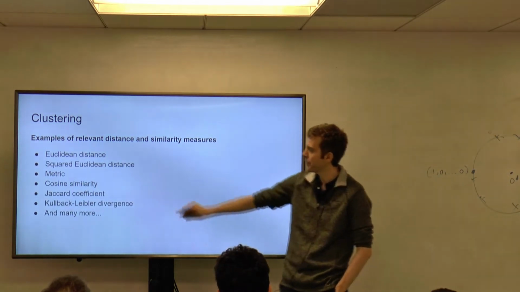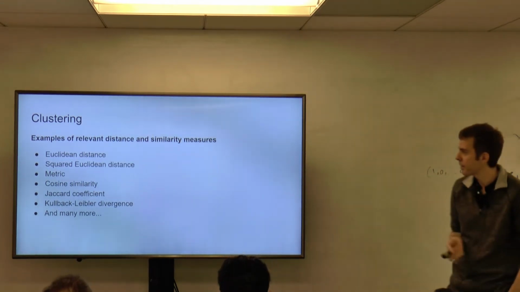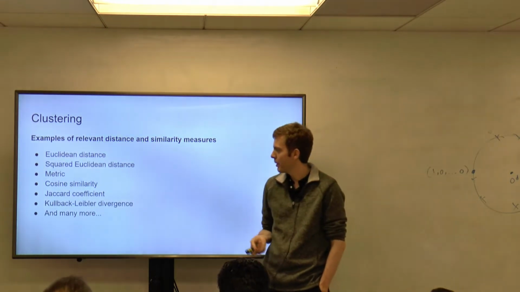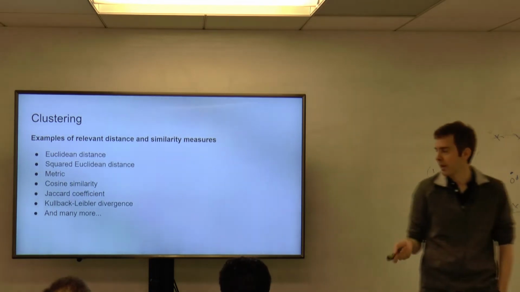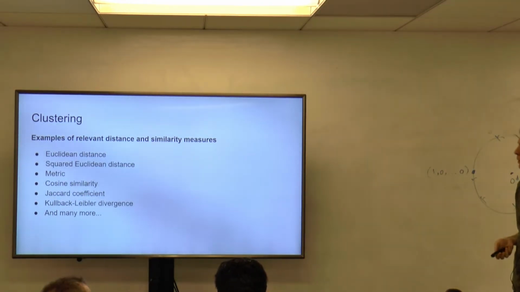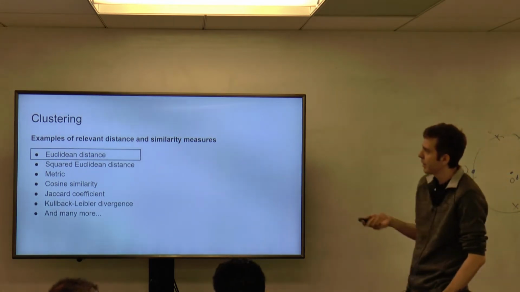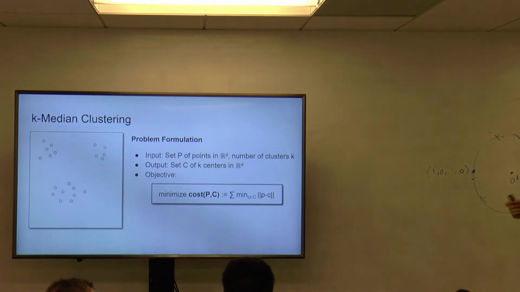For example, maybe you just have some underlying metric, and you want to cluster with respect to that distance. Or maybe you have points on a sphere, you care about cosine similarity. Maybe you have sets, and you care about Jaccard coefficient, distributions, KL distance, etc. So there are many notions. Let me just first look at the Euclidean distance, which gives us the K-median problem.